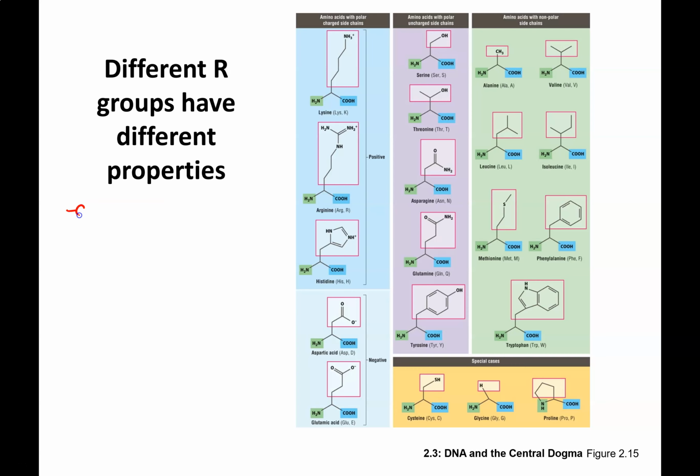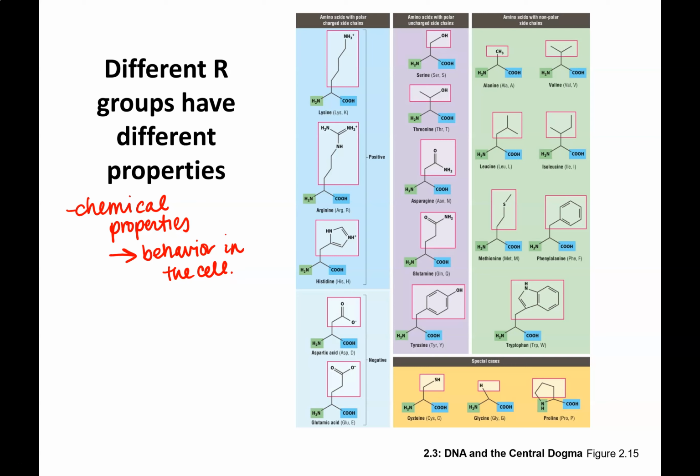These are going to be different chemical properties. And these properties affect how the proteins behave in the cell. So how they interact with water, how they interact with other proteins, and how they function.